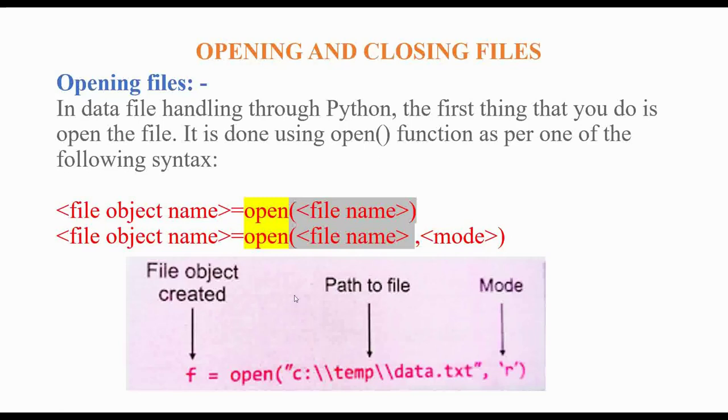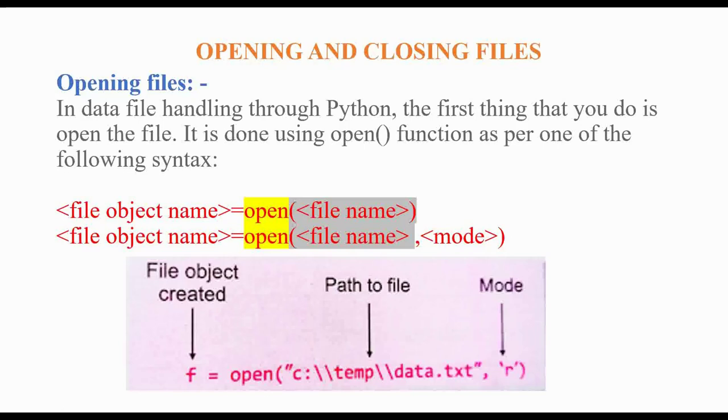So what do I mean by opening a file? Opening a file is nothing but a record which is containing data. When you're opening a file or creating a file, the file has to have something called a file object.